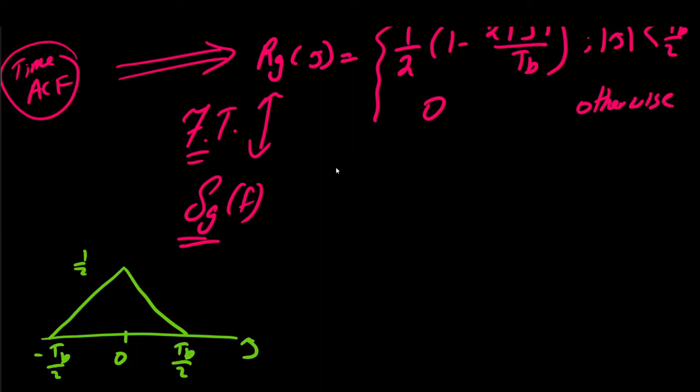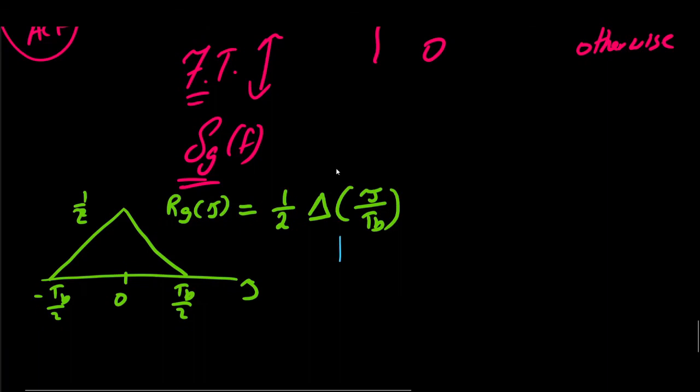This is tau, so this was our RG of tau. You may observe that this is simply a triangular function, 1 by 2 delta of tau by TB.